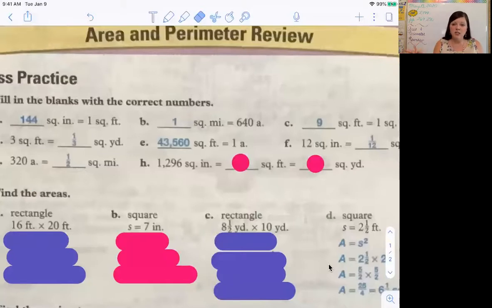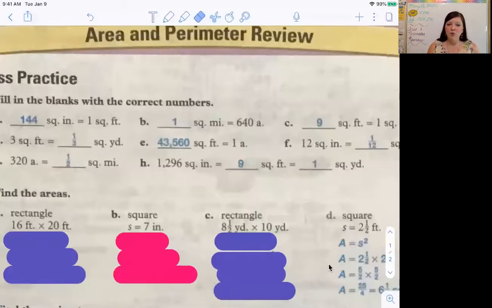Okay, why don't we work at the back? Start at the square yards and work our way back. Let's say that we have 1 square yard. 1 square yard is equal to how many square feet? Well, that would be 9. 1 square yard is equal to 9 square feet, and 9 square feet is equal to 1,296 square inches.